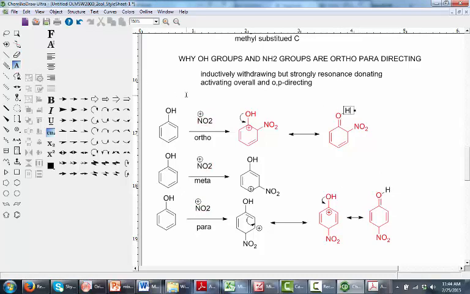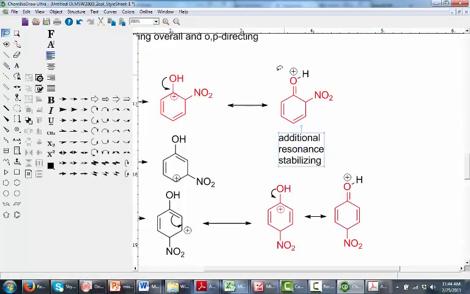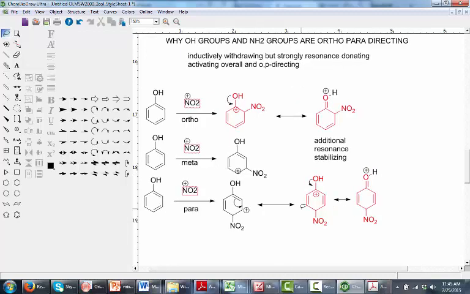That additional resonance stabilized form that I have for the ortho and the para case is a result of the resonance stabilization because of the lone pair of electrons on the hydroxyl groups, okay? And that's what makes these particular groups the same, analogous for the NH2 case. These particular groups, OH and NH2, are going to be ortho-para directing again because of the resonance stabilization that I get in this.